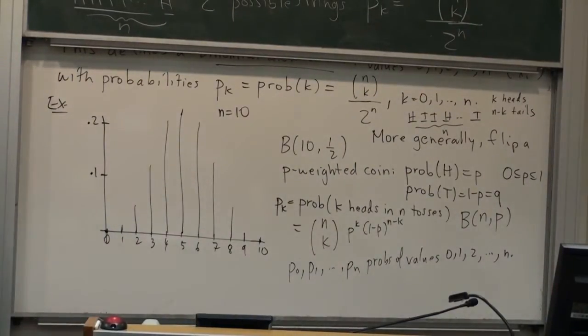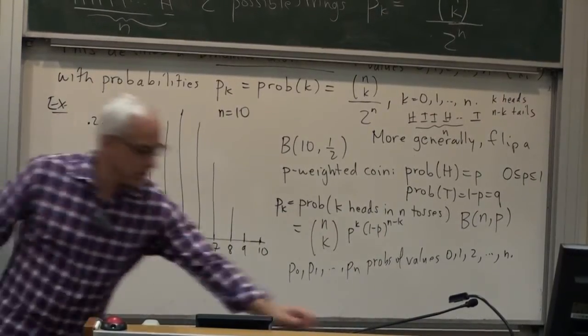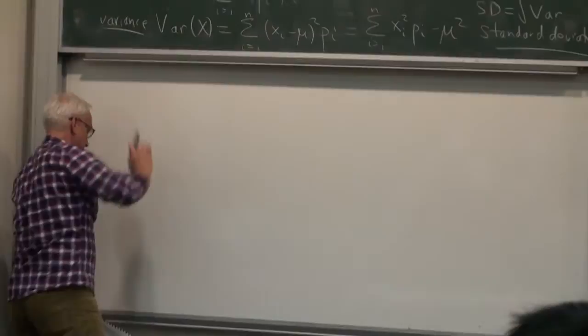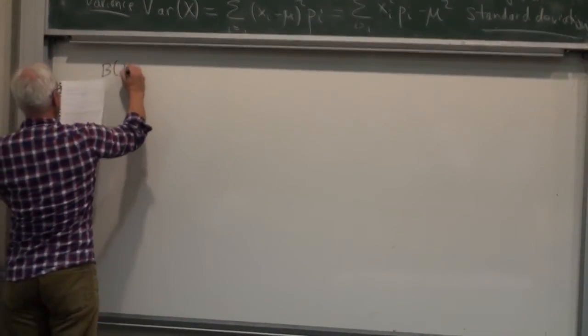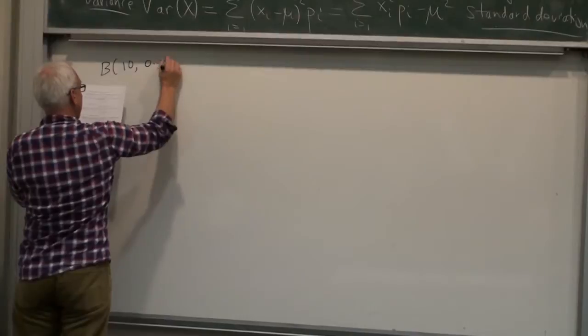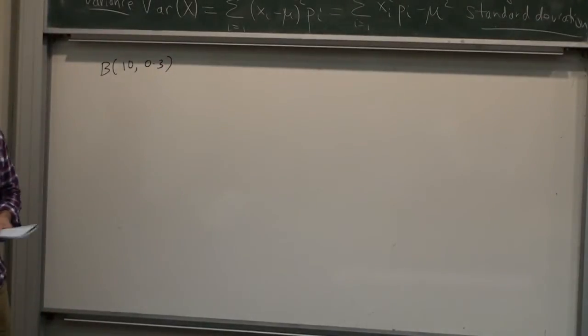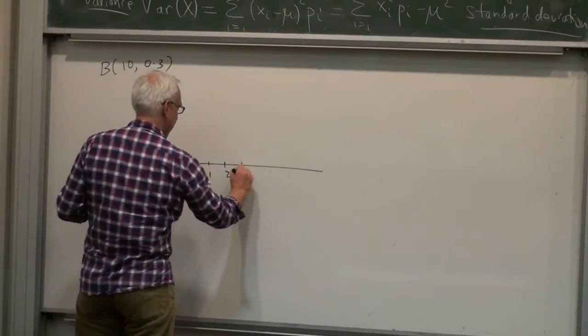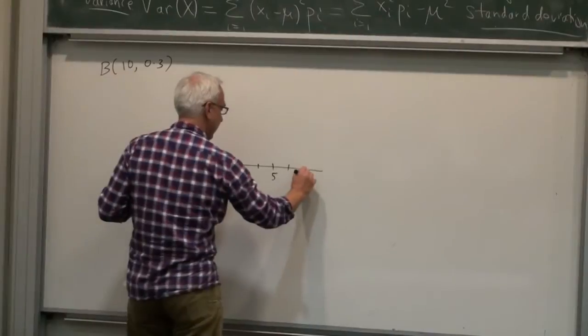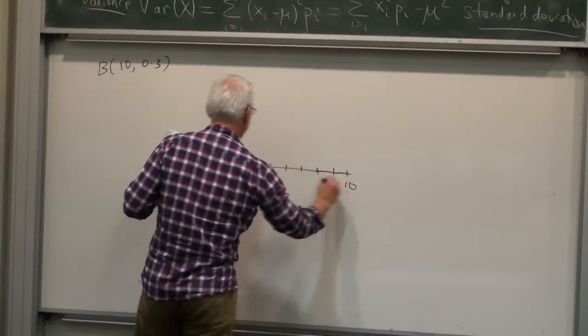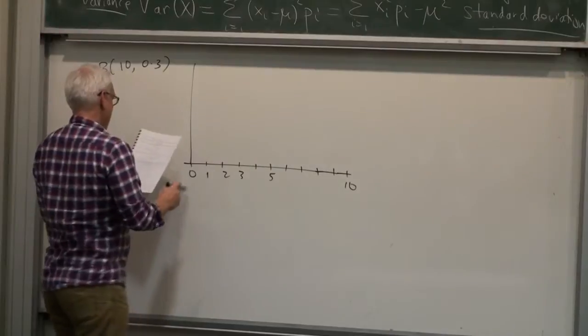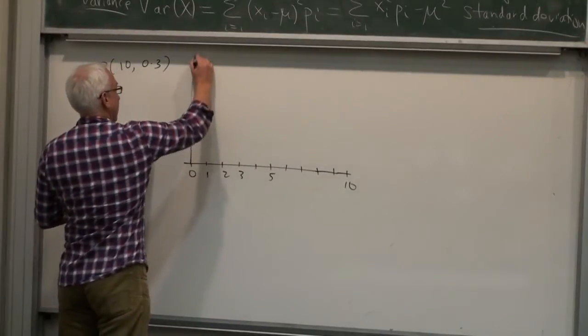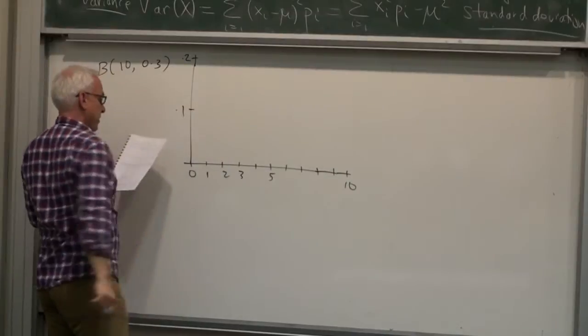And let me show you what it looks like for another kind of value. So for example, if we're looking at B(10, 0.3), then the distribution of values 3, 4, 5, 6, 7, 8, 9, 10. Point 2 and point 1.